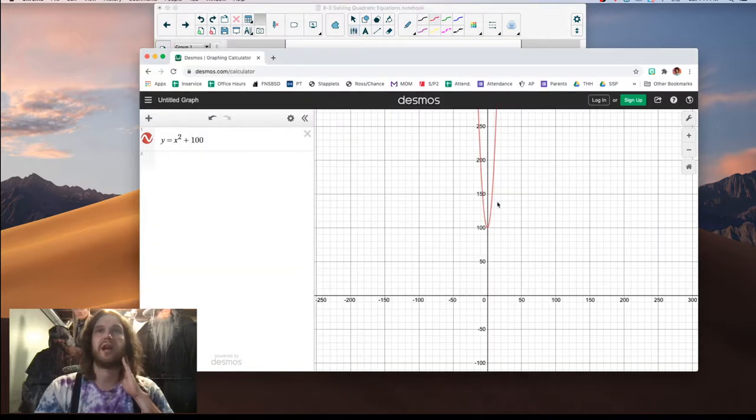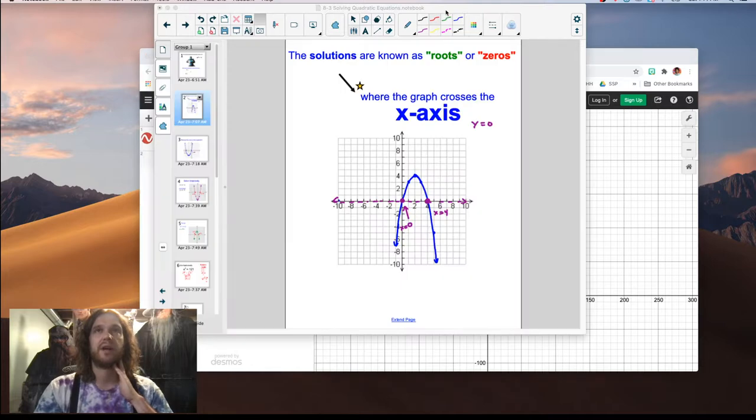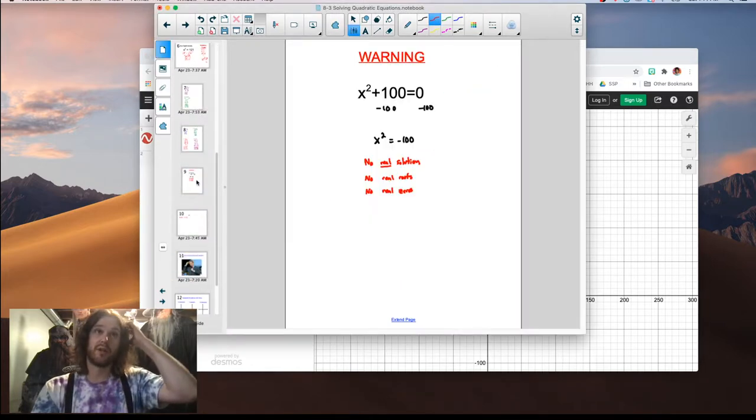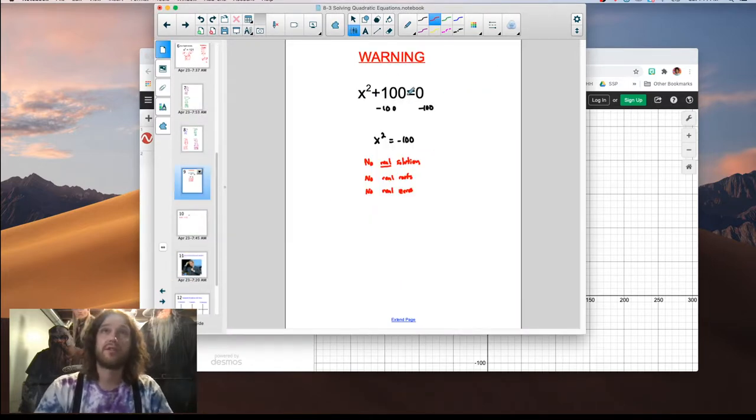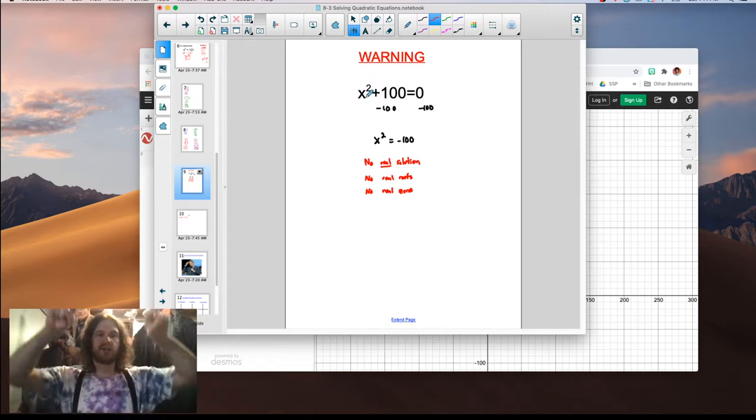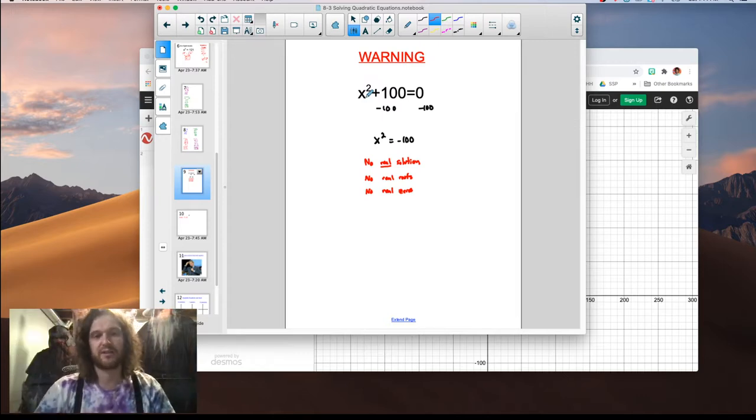If we look at this graph, we can see that it doesn't cross the x-axis, and that should be kind of apparent. It has a y-intercept of 100, and it's opening up, so the two sides of our parabola are not even going towards the x-axis. So no wonder it doesn't cross the x-axis. No wonder we have no real solution.